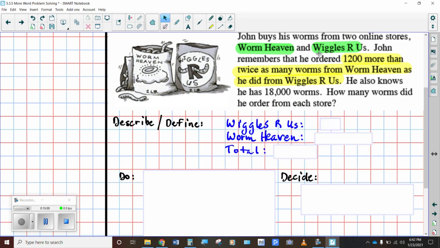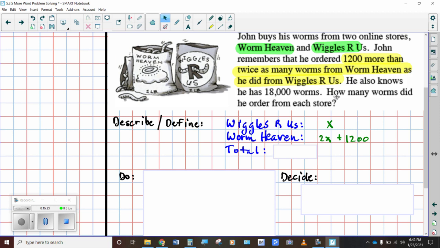And it seems like he's saying 1,200 more than twice as many worms from Worm Heaven than from Wiggles Are Us. So there's more from Worm Heaven. So Wiggles Are Us has to be our variable. And Worm Heaven is going to be 1,200 more than twice whatever x is. So it becomes 2x plus 1,200.